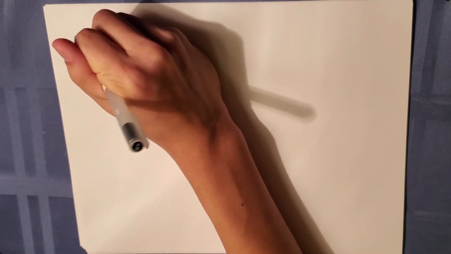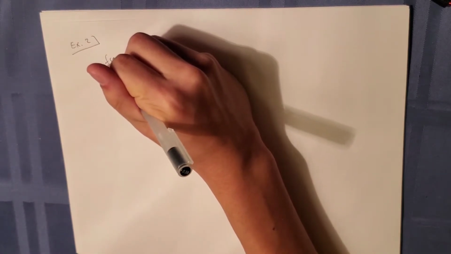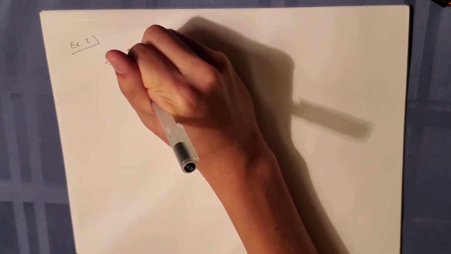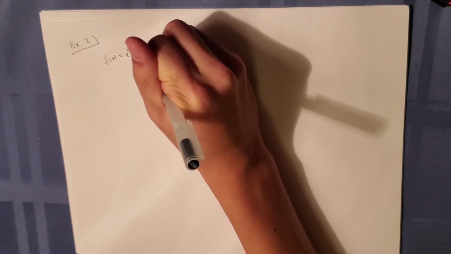Example 2, this will be a little bit harder epsilon delta proof. So say our f of x equals x squared plus 2x minus 1.